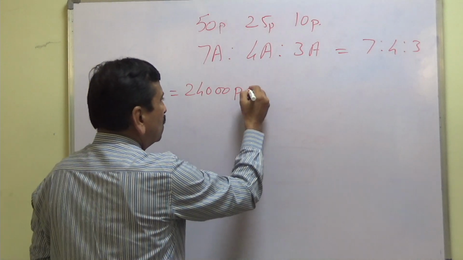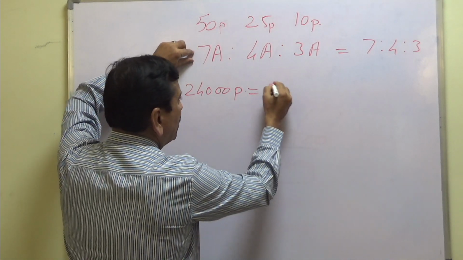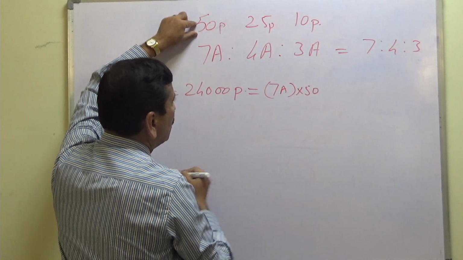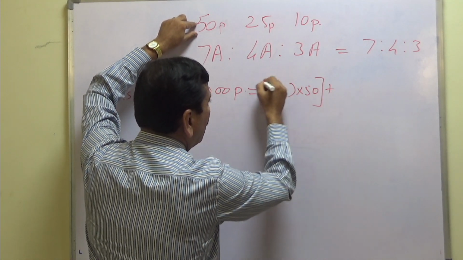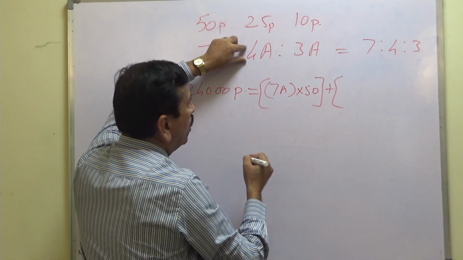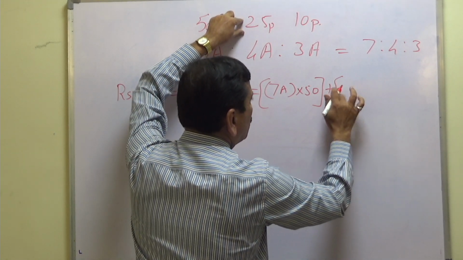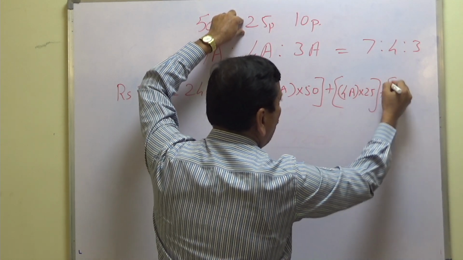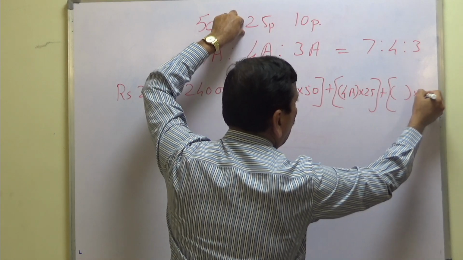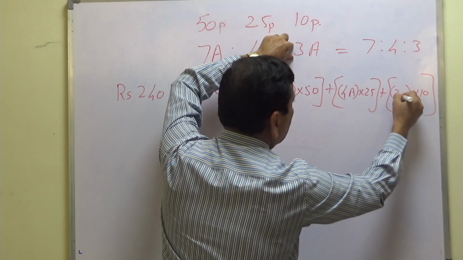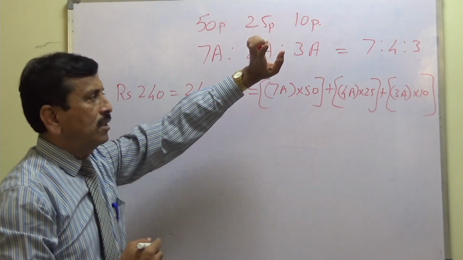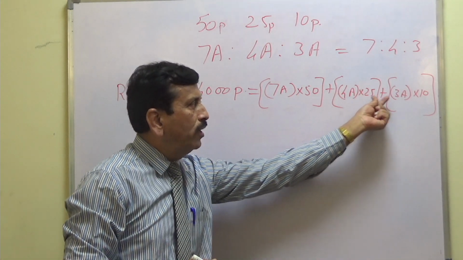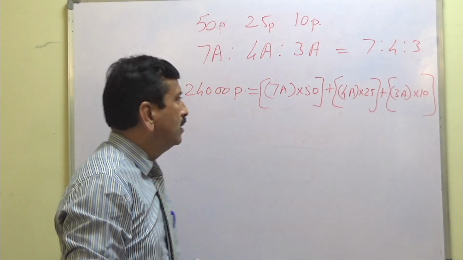Now, naturally, we are having 7A coins of 50 paise denomination, 4A coins of 25 paise denomination, and 3A coins of 10 paise denomination. So we know the number of coins, value of coin, number of coins, value of coin, number of coins, value of coin. And we simplify.